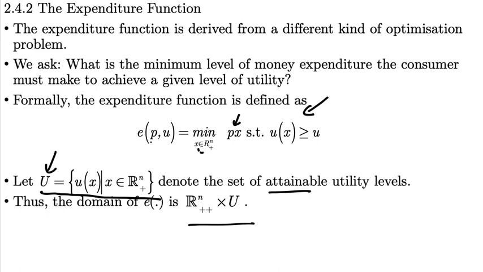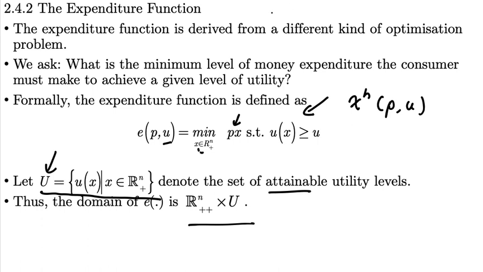An expenditure function is a function of price and also utility, as you can see here. Then when we solve it, the solution for this good is what we call x h, a function of P and U.